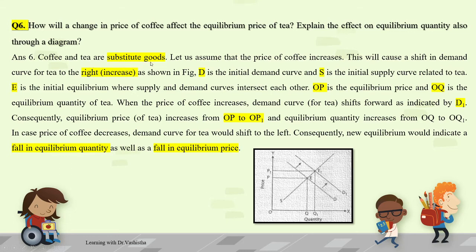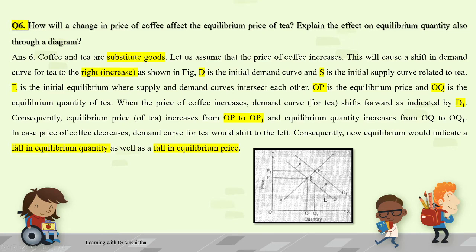So they are substitute goods. Now what happens? Here let us assume that the price of coffee increases. This will cause a shift in the demand curve for tea to the right. That shows an increase, of course, because people will start buying more tea if coffee gets costlier.